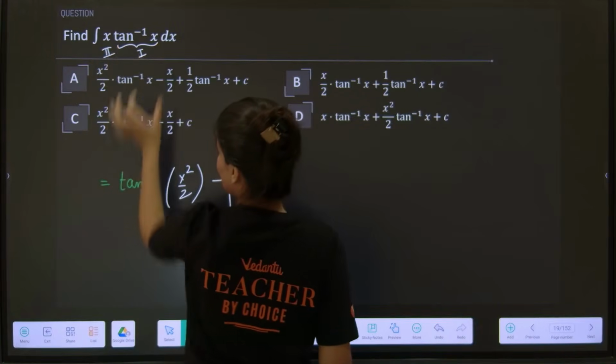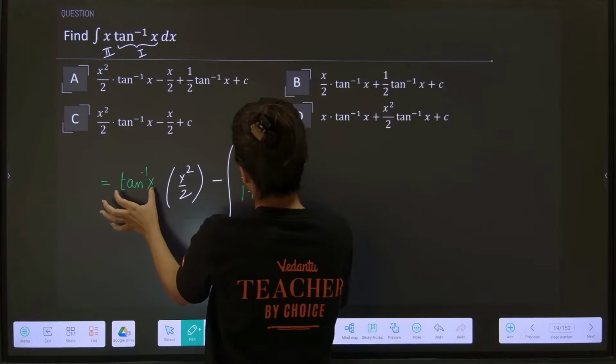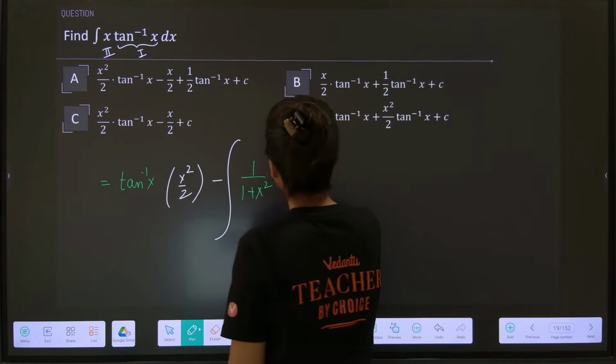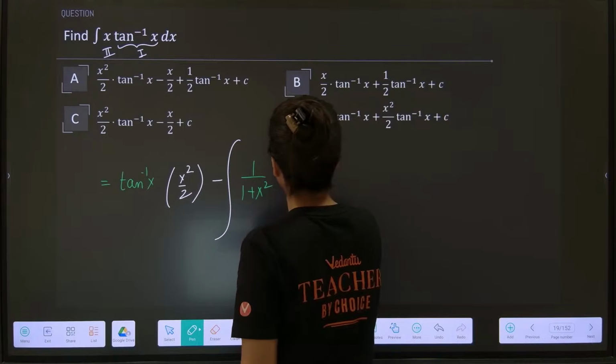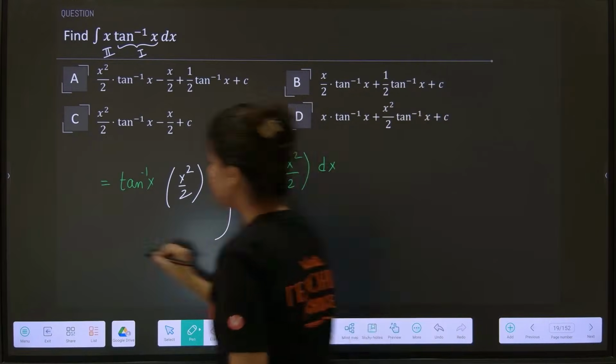That means differentiation of whatever you have kept constant and integration of second. And overall you have to finally integrate also.